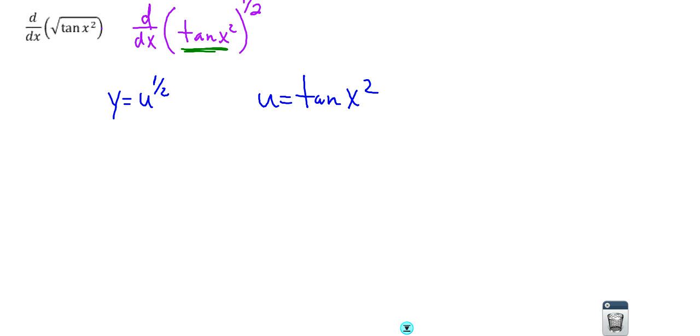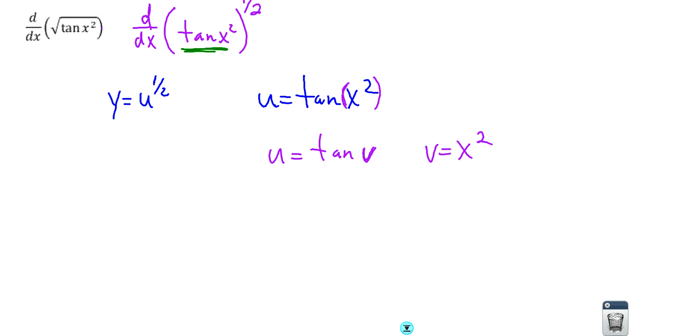Now, this is where it gets interesting, because now I have to do the derivative of u, but I have a function inside of a function still. So I have to split it up again. So let's say v equals x squared. That means u is tangent of v. Nothing changes.